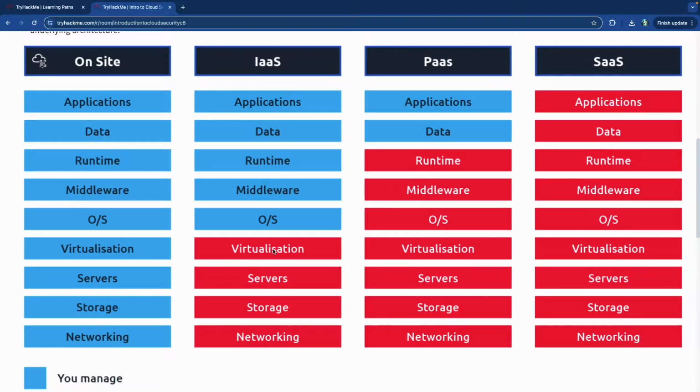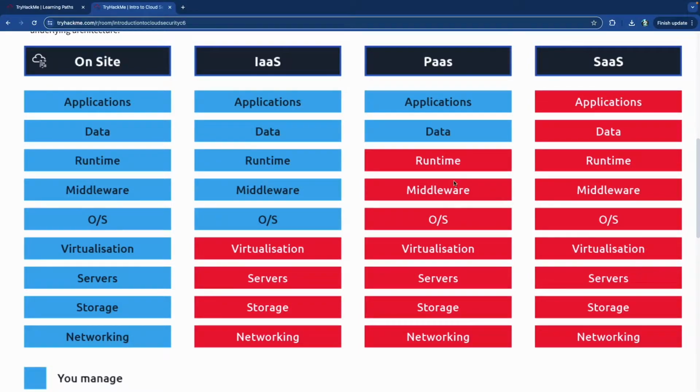Networking, storage, servers, and virtualization are all offered by the cloud provider. And then all you have to worry about is the OS, middleware, runtime, data, and applications. And this is for infrastructure as a service. Then when you go platform as a service, they offer all of these things, and all you have to worry about is the data and the applications. And then finally, software as a service, they provide everything.